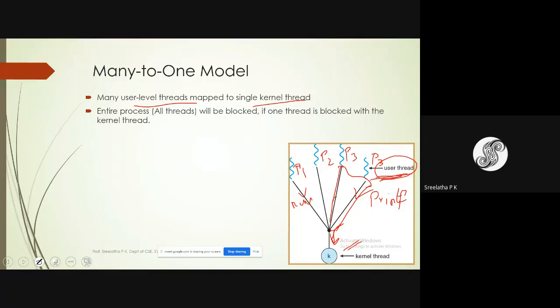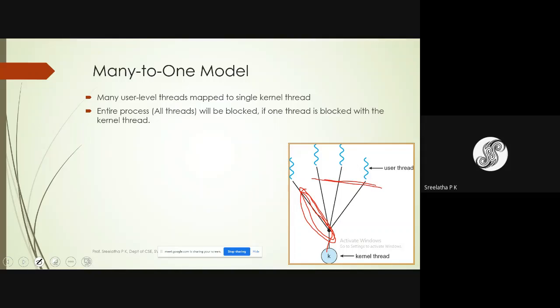The only disadvantage is this: if a thread gets blocked, say it gets into a blocked state due to an infinite function, the other programs, other processes, and other threads will not be able to continue execution because the kernel is not free. It is blocked in an infinite state here. This is resolved again by the thread libraries; we'll see that later. So this is the disadvantage of the many to one model.